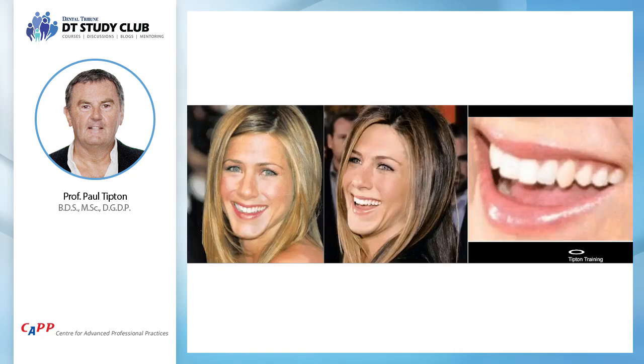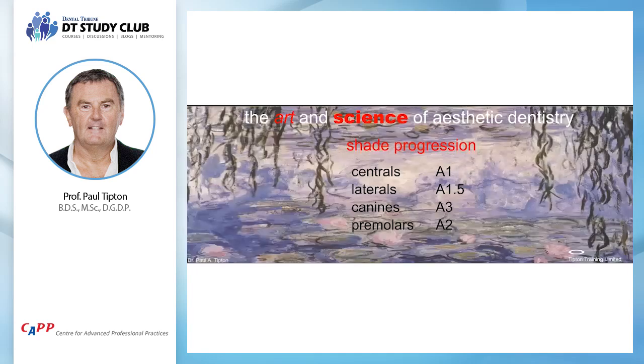And again, you can probably see it a little bit better on the right hand slide here, the close-up, and it's the canine which is the giveaway to most smiles. If you can create a more natural smile, then you create it with the canine.